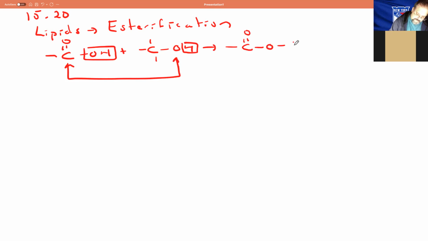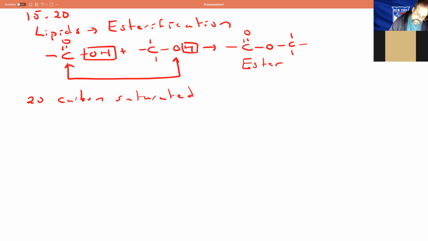When we put that all together, that gives us our ester functional group. So this process that we're seeing here in 15.20 to form a wax is very similar.